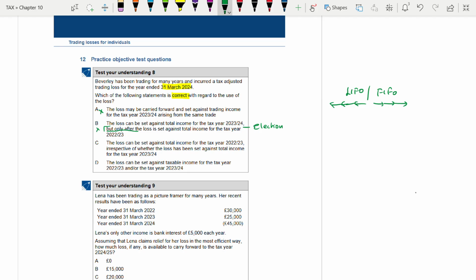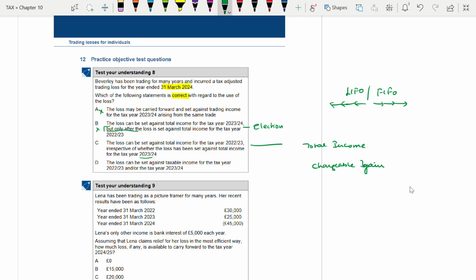The loss can be set against total income, irrespective whether the loss has been set against total income for the tax year 2020. The rule says that first it has to be deducted from total income. Then it has to be deducted from chargeable gains.